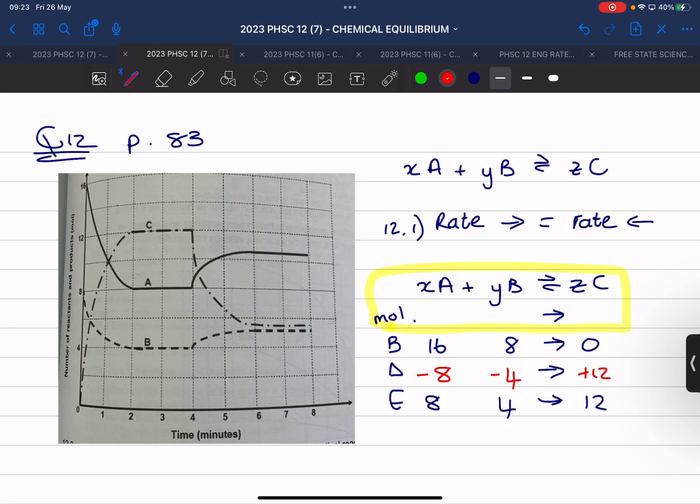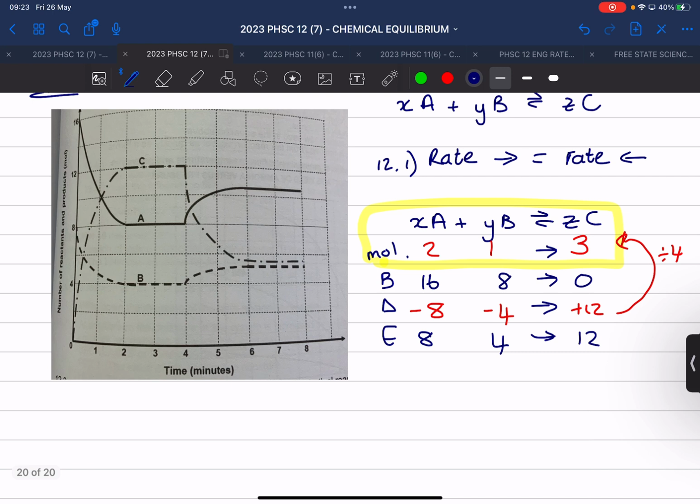So then the mole ratio is 2 to 1 to 3. So from there to there, we divide it by 4. So now we can write down at 12.2.1, x value is 2, y value is 1, and the z value is 3.